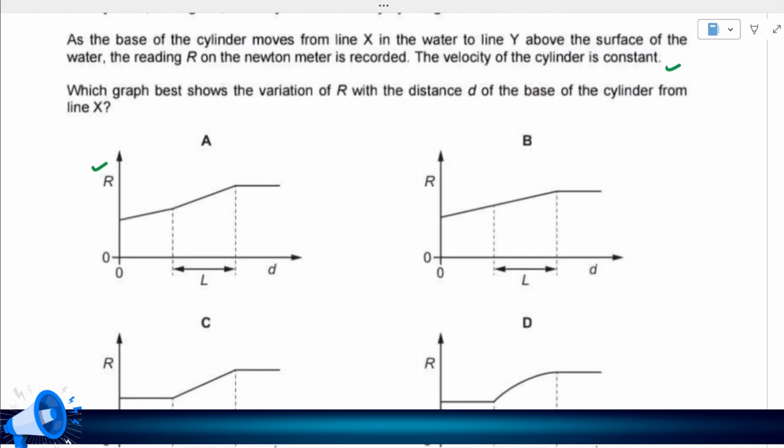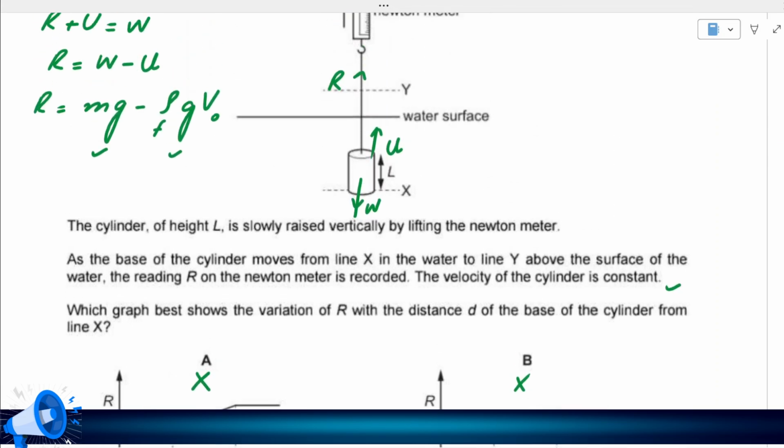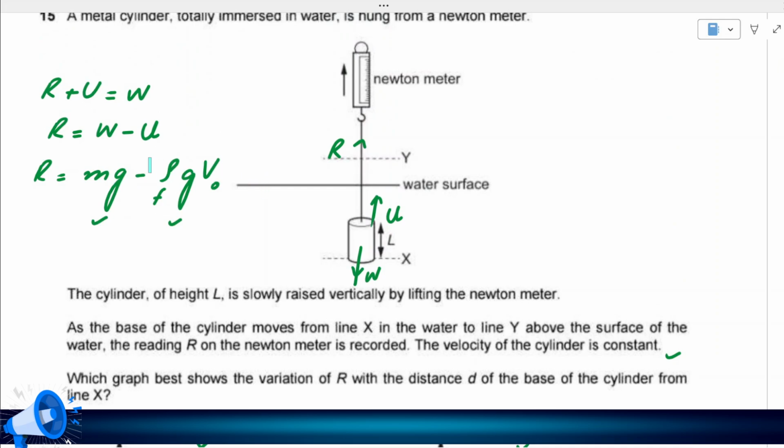So the first part of the graph has to be a horizontal line because upthrust is constant as long as the object is entirely dipped in the fluid. So it cannot be A, it cannot be B, because the first portion has to be a constant value. If upthrust is same, then the value of R should also be same mathematically here.